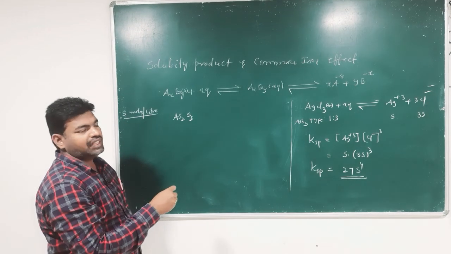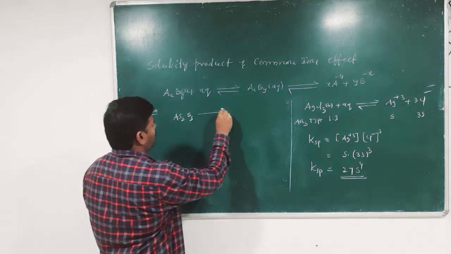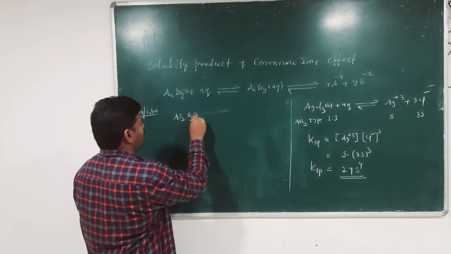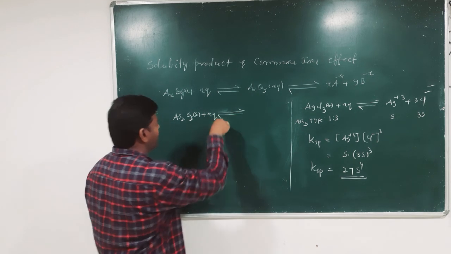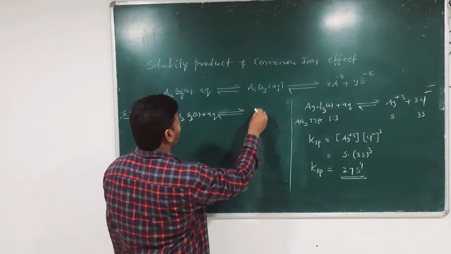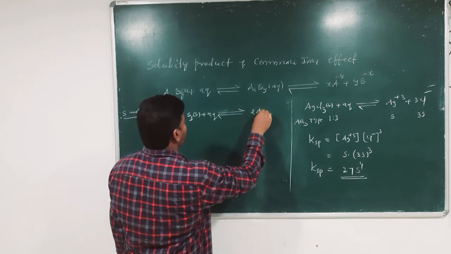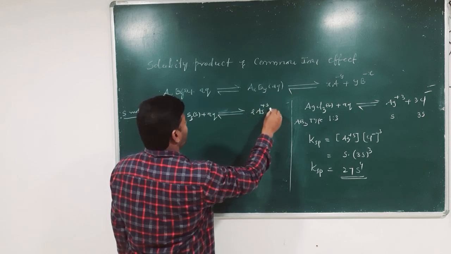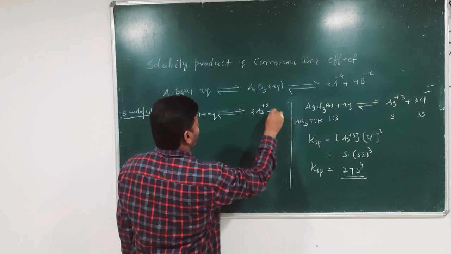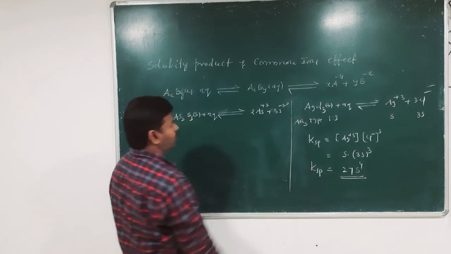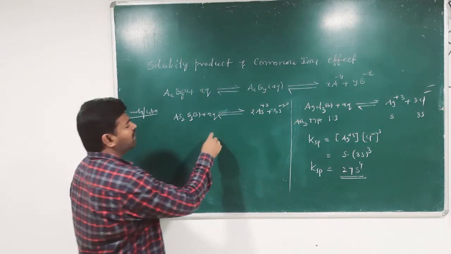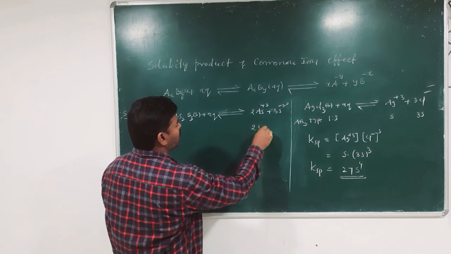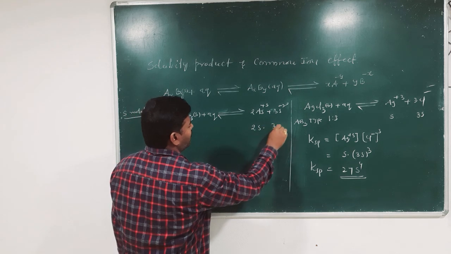It is a solid, and when we dissolve it in aqueous media it establishes an equilibrium: 2As3+ and 3S2-. The equilibrium concentrations are 2S and 3S.